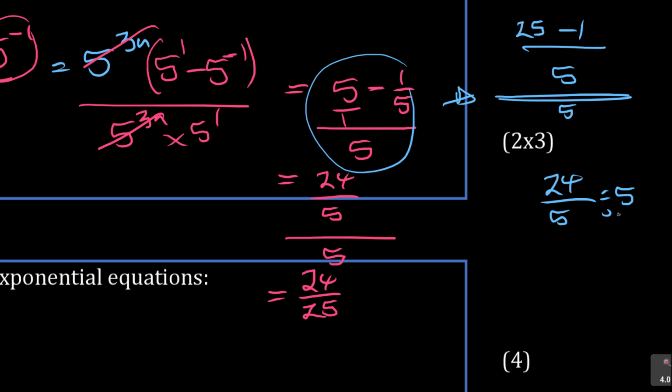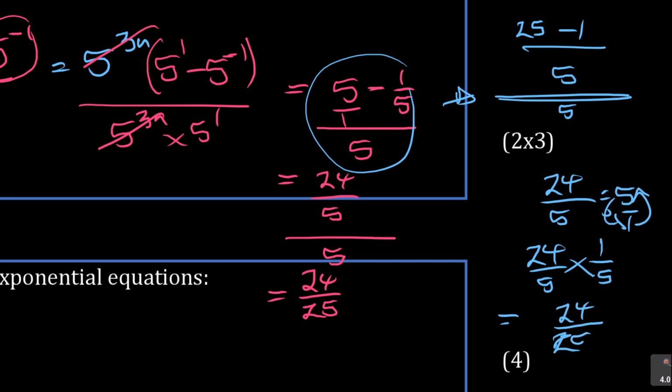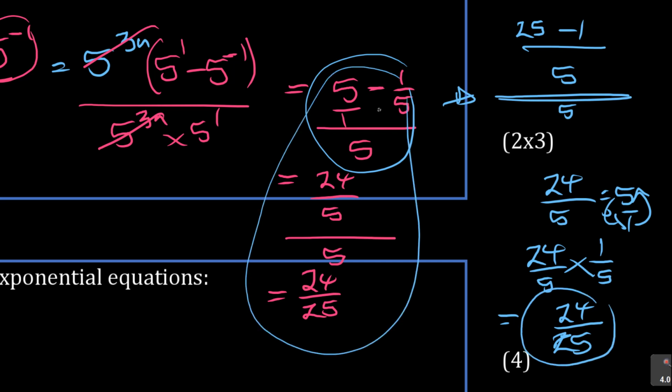Well, back to that part. 24 over 5 divided by 5 over 1. Remember when I said when you change from division to times, you swap like that. So it becomes 1 over 5 now. 1 over 5 when you multiply, 24 times 1 is 24, 5 times 5 is 25. This is what the calculator was just doing, but they will still mark you across like that.